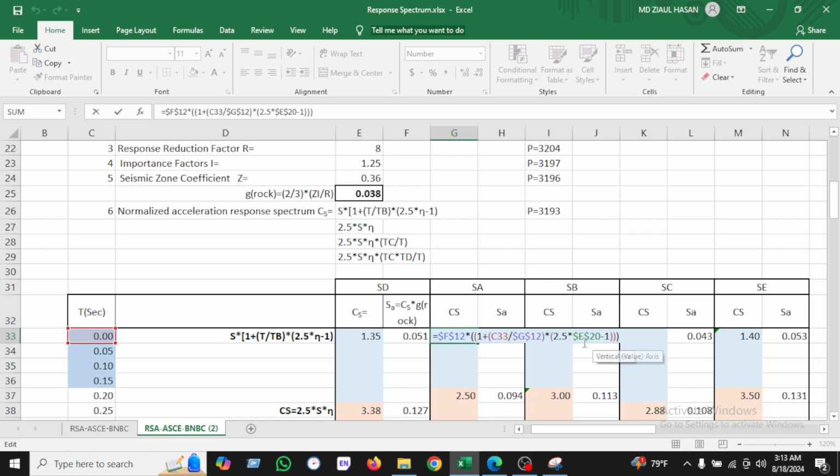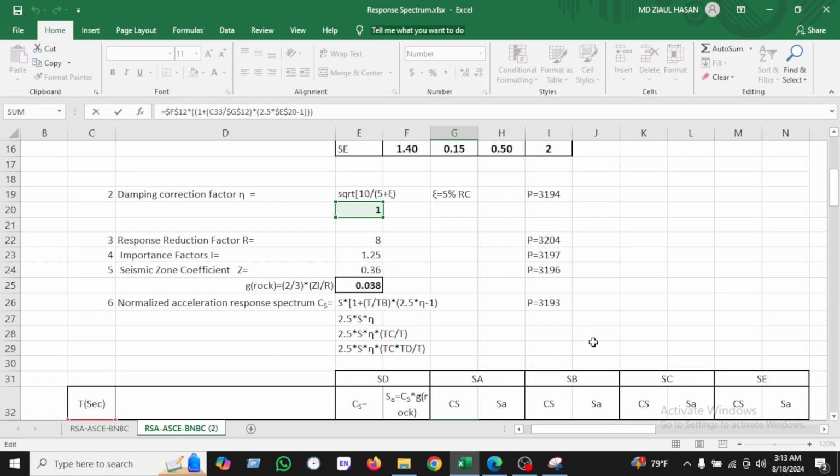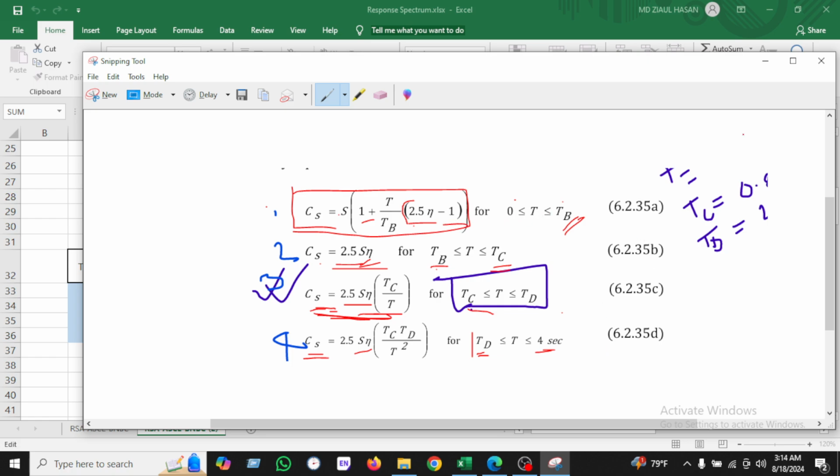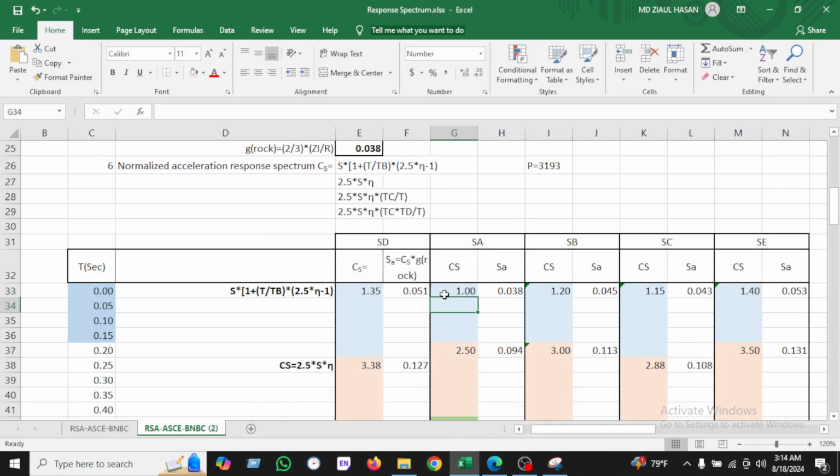Eta is the damping correction factor, which is cell E20, minus 1, and then pressing enter.